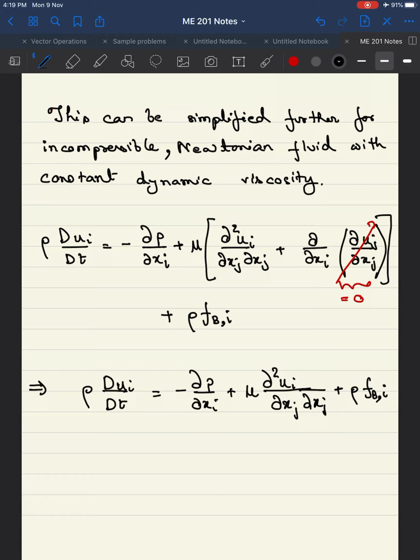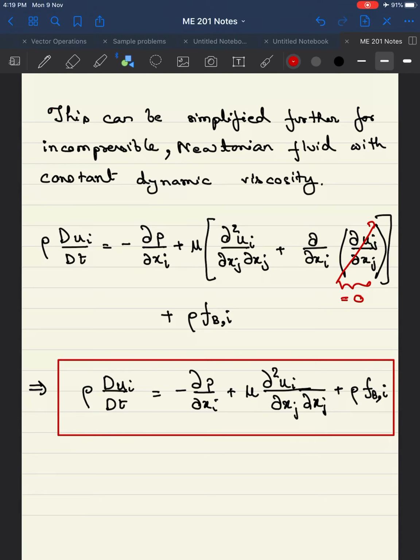Okay. And this is again an important form of the Navier-Stokes equation that you will commonly encounter.